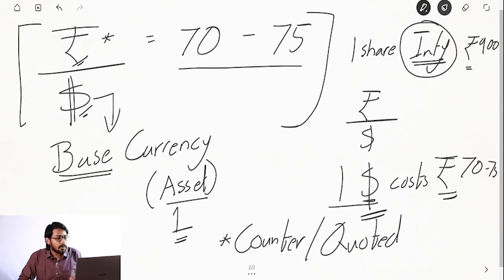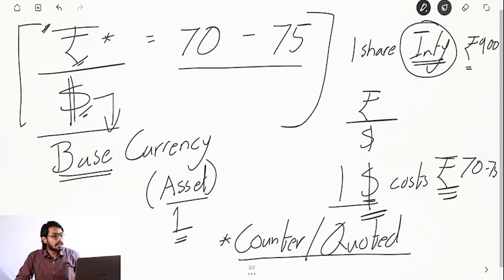Here you spoke about $1. I am expressing the value of dollars in terms of rupees. In terms of rupees over here, rupee is called the counter currency or quoted currency. So, rupee by dollar means $1 costs rupees 70 or 75.